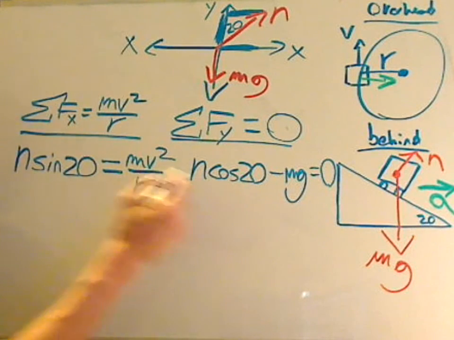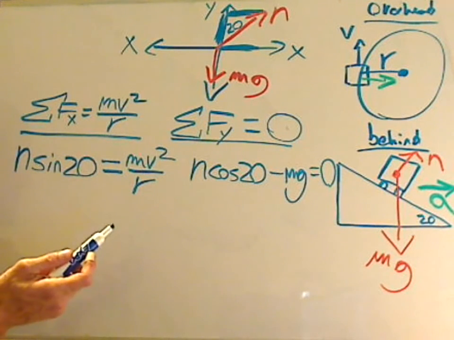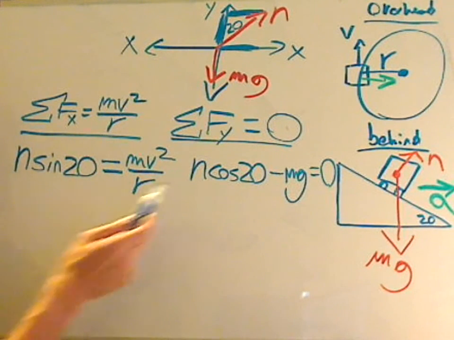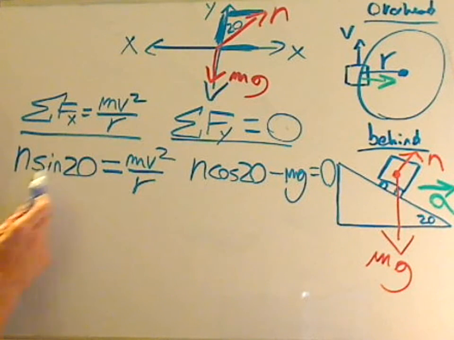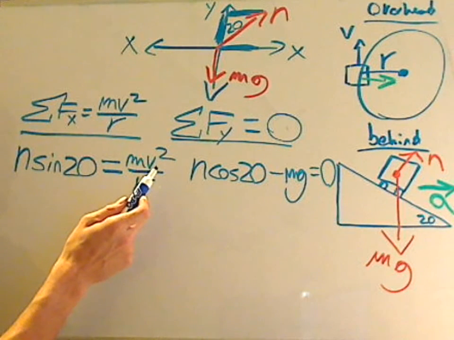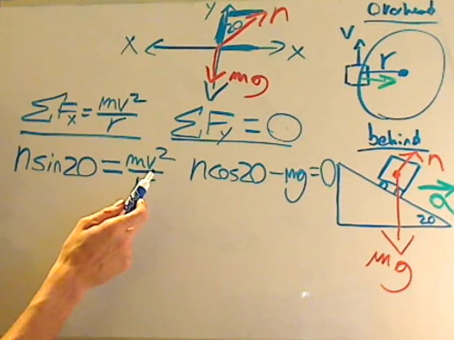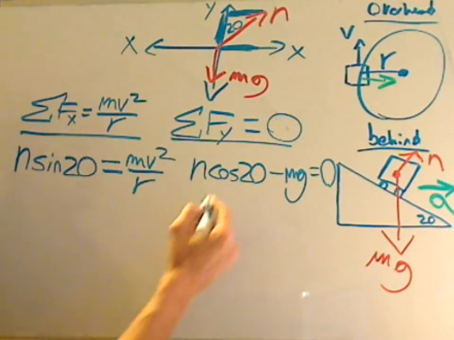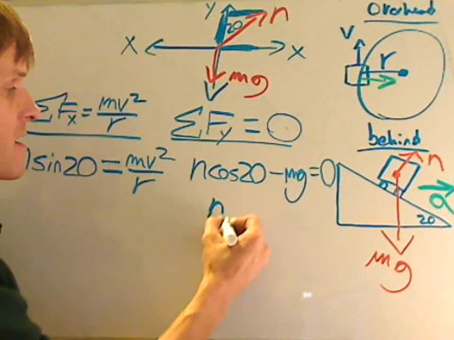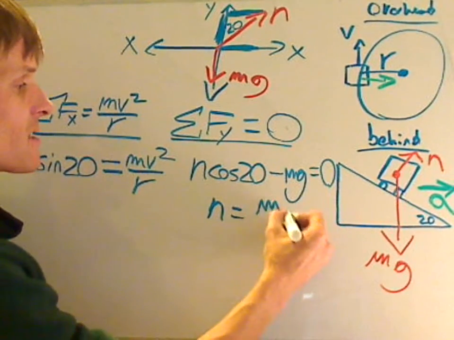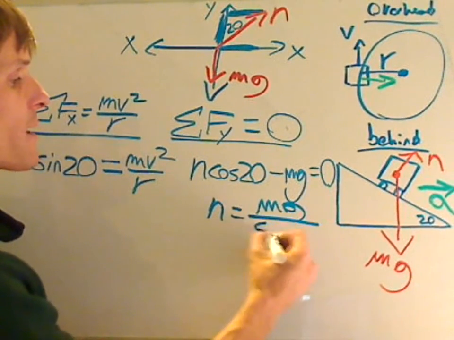So this is an equation with only two unknowns, the normal force and velocity. So we don't really need to know what the normal force is. The question is about the velocity. So let's eliminate the normal force by solving this for N. So that gives us mg over cosine 20.